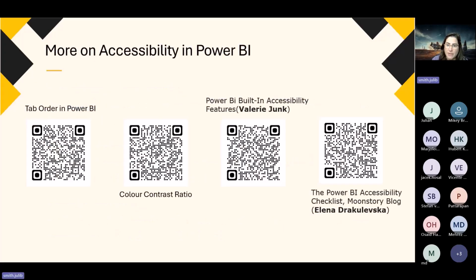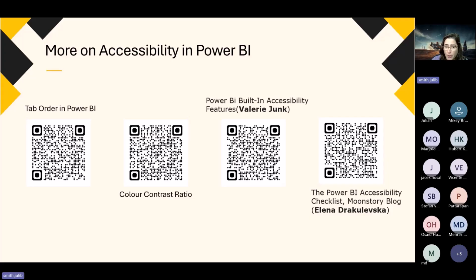There is a lot on accessibility in Power BI. I have here on the right two QR codes for a couple of videos that I posted on my YouTube channel that explain how to, for example, edit your tab order and how you can check your color contrast ratio to ensure that you comply. There is also a very good session delivered by Valerie Junk.